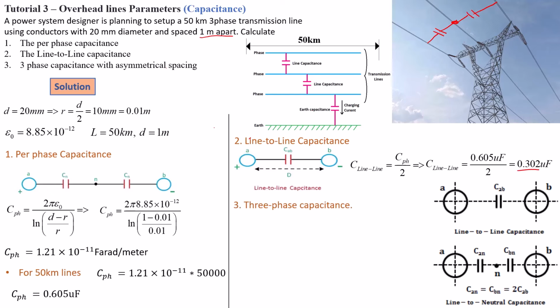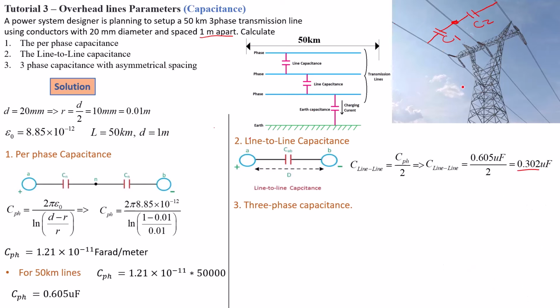Now let's go ahead and calculate the three-phase capacitance of an overhead transmission line. This is where it gets quite interesting. Let's consider this is our three-phase, so we've got C1 here and C2 here. If we want to calculate the three-phase capacitance with 1 meter spacing between these conductors, we have to add these two capacitances.